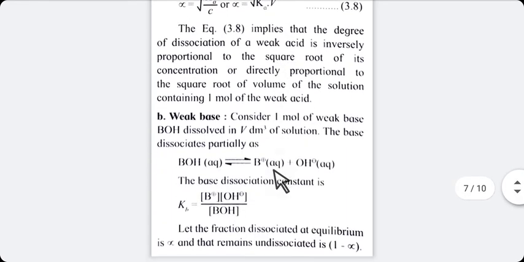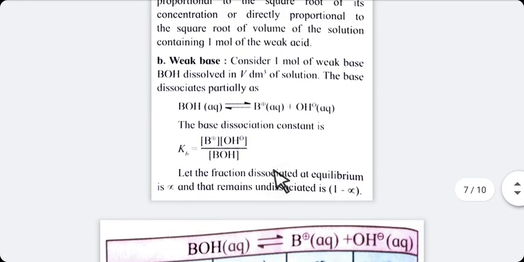Same here, we can apply Ostwald dilution law for a weak base. The whole procedure is the same. We are using here a general weak base BOH, and the general reaction is BOH aqueous partially dissociated into B plus aqueous plus OH minus aqueous. The base dissociation constant formula is Kb is equal to concentration of B plus, concentration of OH minus, upon concentration of BOH.